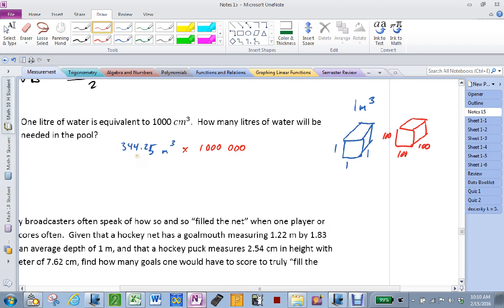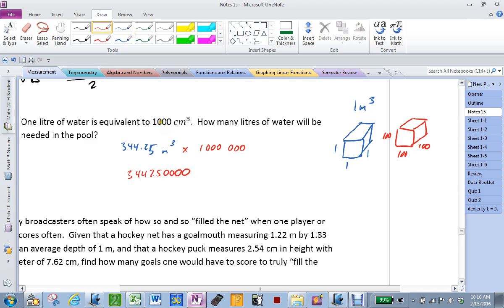Which means the decimal place moves how many spaces? 6. 1 for each 0, yeah? So I got 2 of them there, so how many zeros do I need now? 4. So 3, 4, 4, 2, 5, 0, 0, 0, 0.